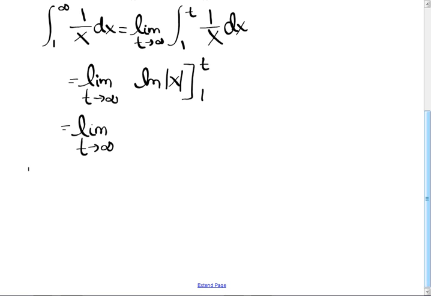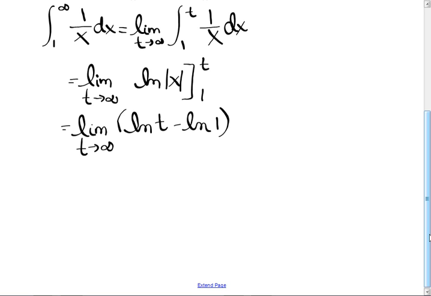Now, you're not going to like this problem, so it takes a little bit more to write out. So it's the log of t minus the log of 1. The problem is when you get the free response problems on the exam, you might need it. And I've seen that happen, so I don't want you to miss it.